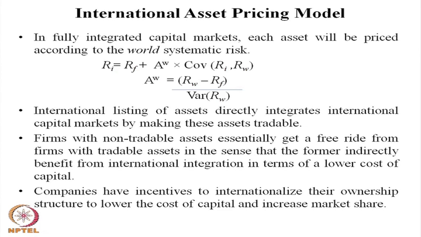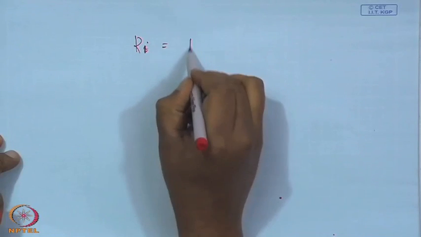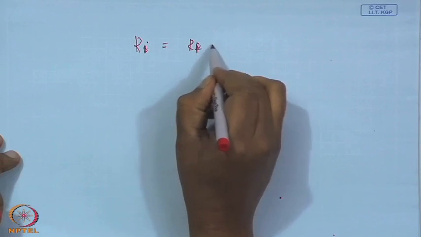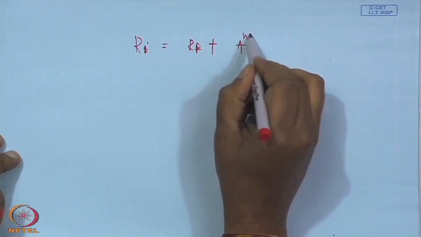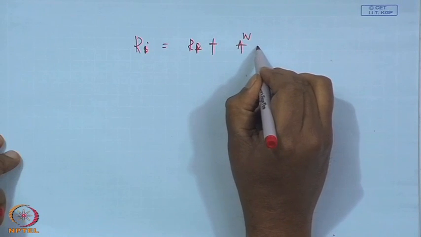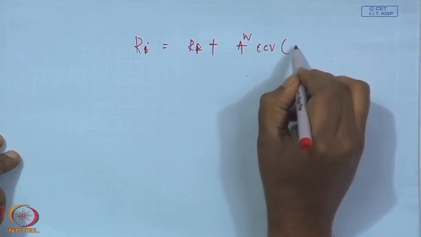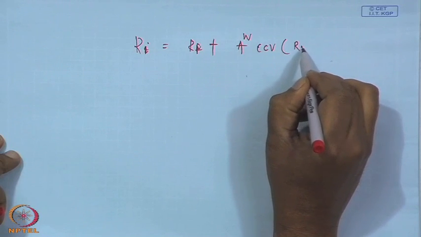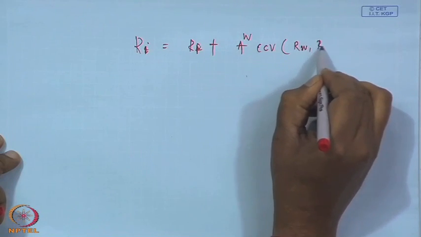When the market is fully integrated, with no barrier to the movement of capital from one market to another, I put here Ri equals Rf plus Aw times the covariance of the world and Ri.